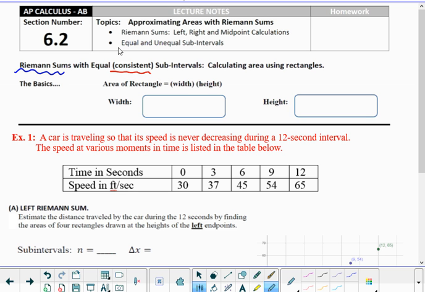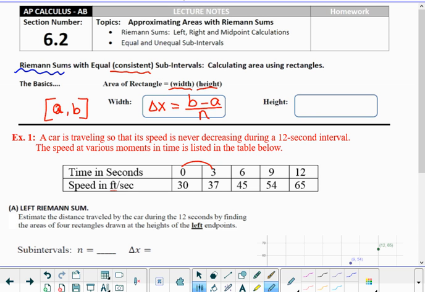To calculate a rectangle, we know it's nothing more than width times height, so at least we've got an easy geometric figure to work with. When calculating the width of our subintervals, which we will call delta x, because it's a change of x, like how far apart is x, that can be calculated by taking the two endpoints, b minus a over n, where we have the interval A to B. We'll put a solid dot so we're including our endpoints.